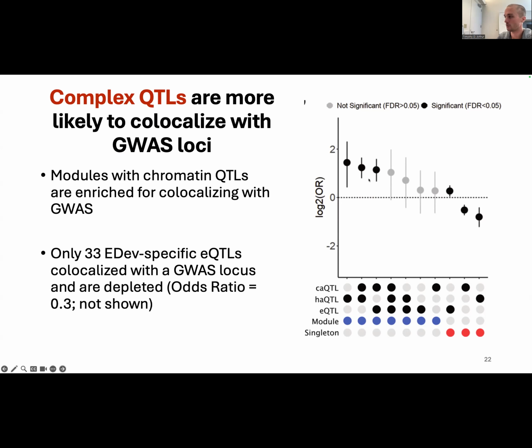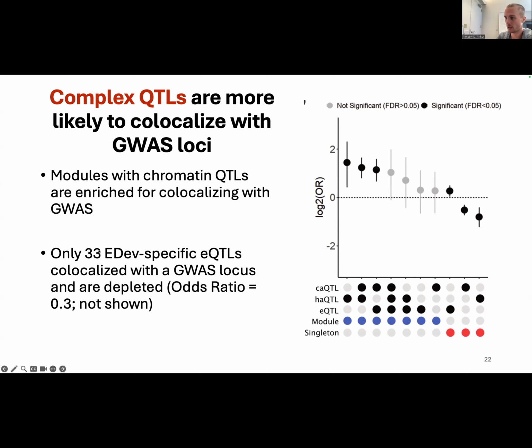And in general, modules were more likely to co-localize with GWAS compared to singleton QTLs. So adding on this layer of information about chromatin accessibility and epigenomic properties can provide more functional information on a GWAS locus, and it can also identify more GWAS loci, as I mentioned earlier.